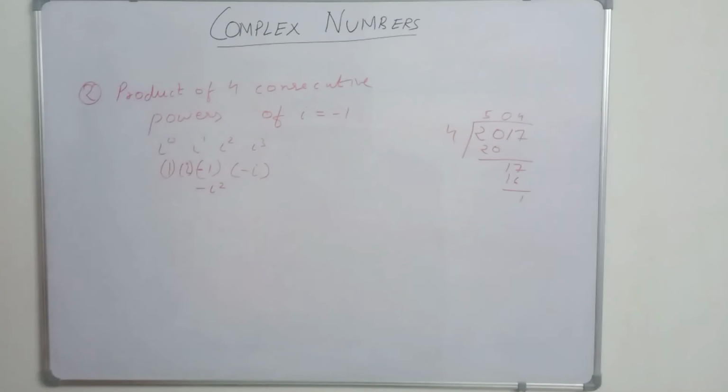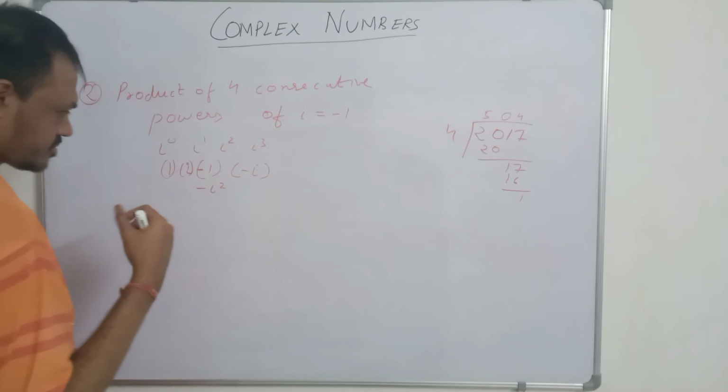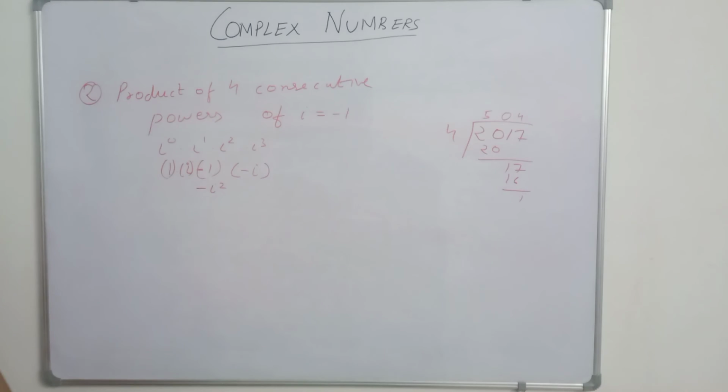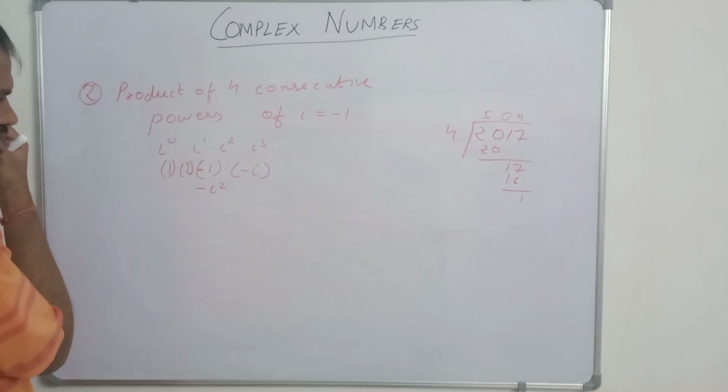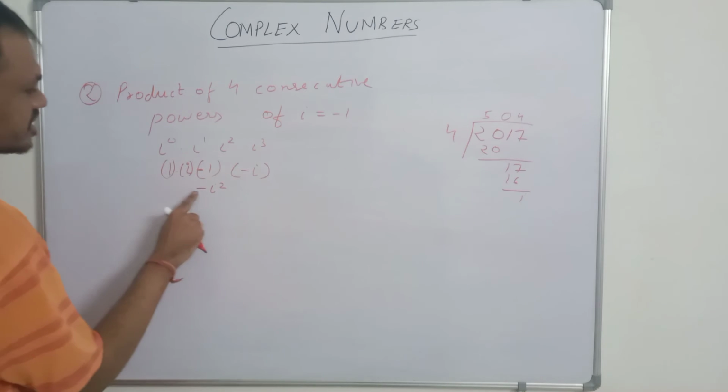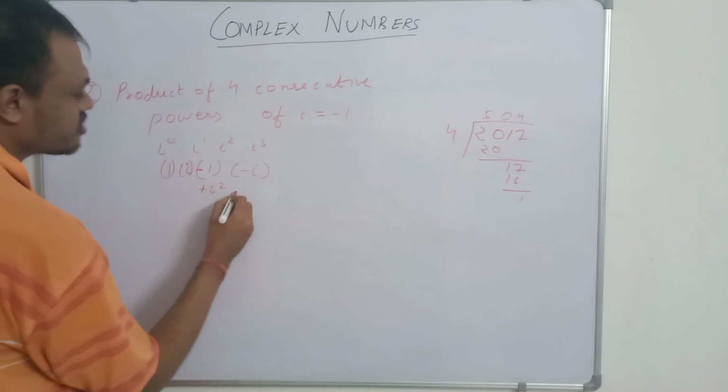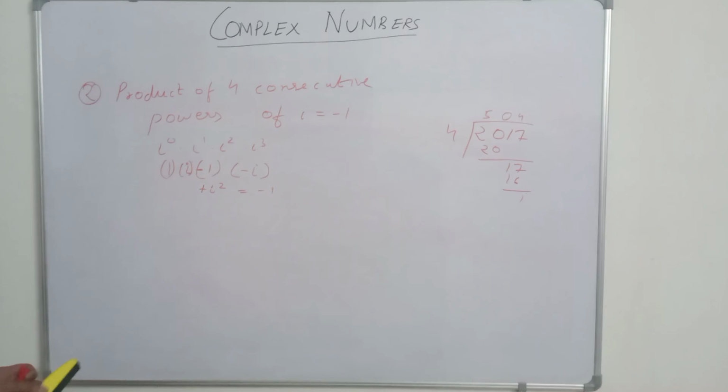So this will be equal to plus iota square. So iota square is -1. So this is how we prove it.